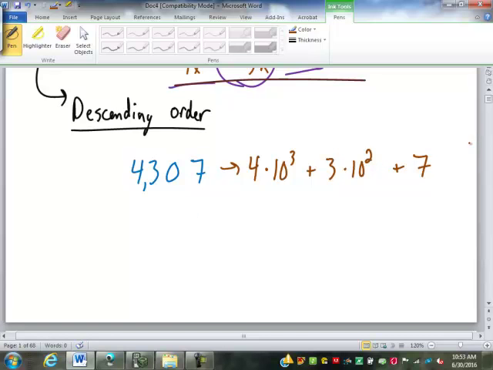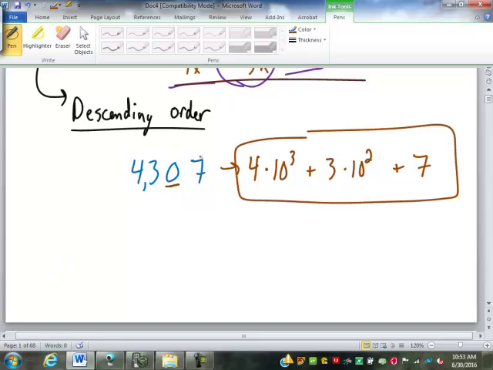If I were going to abbreviate it, I have to put that 0 back in there. But if it's written out in long form, there's no reason to put in 0 times 10 to the 1. The same thing happens in our algebraic numbers. Since our algebraic numbers are always in long form, there's sometimes missing digits. We might have 5x to the third plus 2x squared plus 7. What digit's missing here?